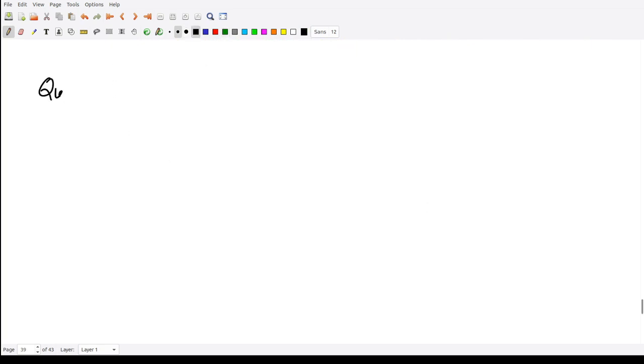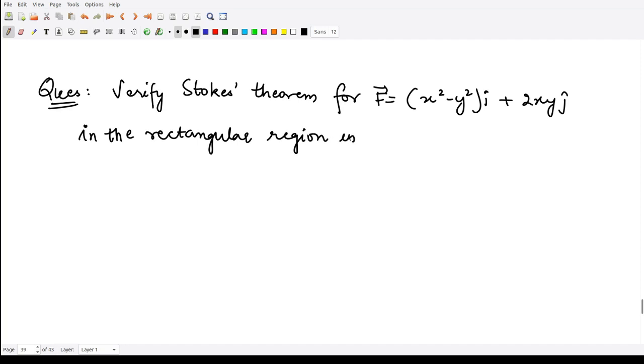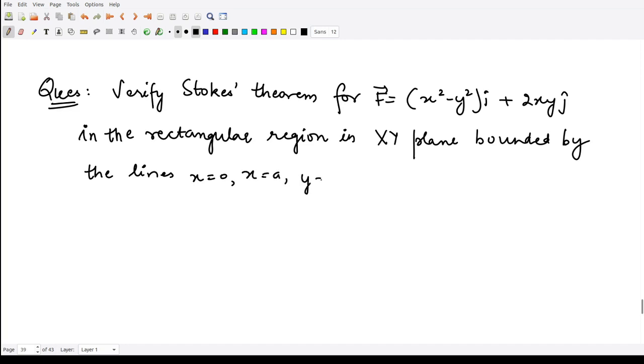The statement of the question says you are to verify Stokes' theorem for the vector f, where vector f is given to be x square minus y square i cap plus 2xy j cap in the rectangular region in the xy plane bounded by the lines x is equal to 0, x is equal to a, y is equal to 0 and y is equal to b.